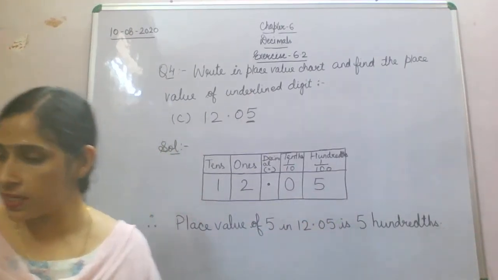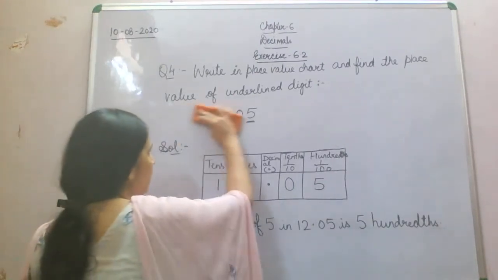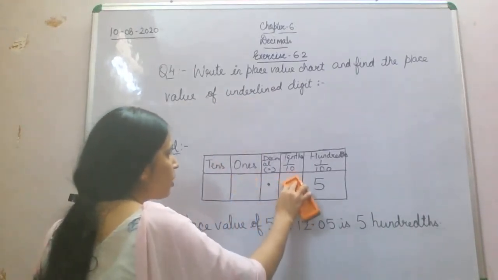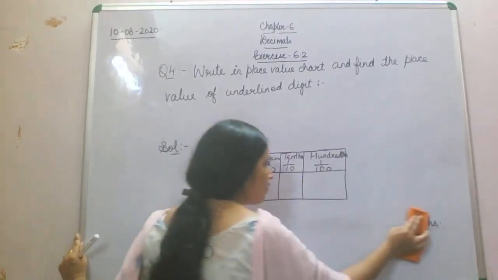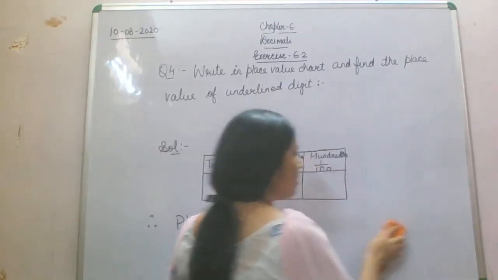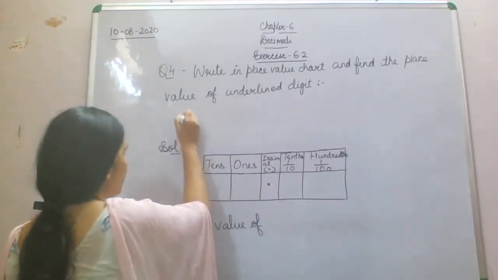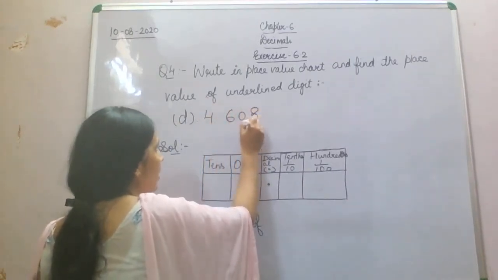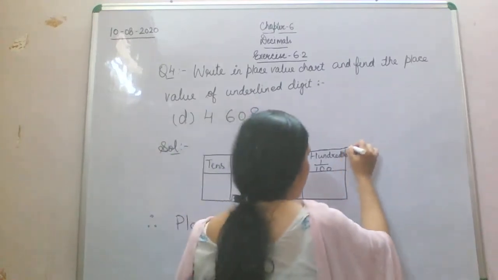So now children, let's start our D part of the same question. Here we are going to erase it, but in your notebook you are going to make it again. D part is 4.068 and 8 is your underlined digit. Now here we will increase one more box.